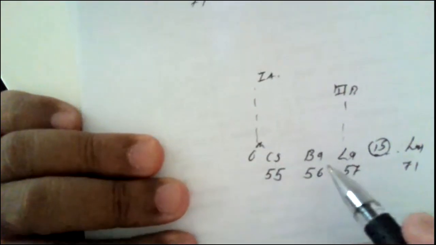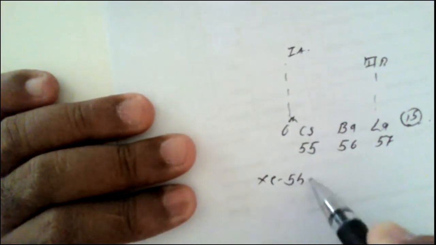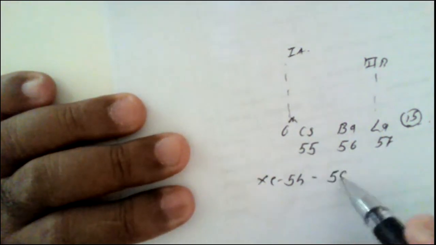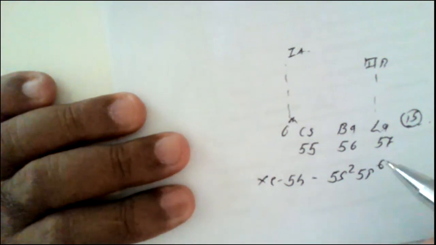So we have seen that the sixth period begins with cesium, atomic number 55. First of all, we have to arrive at the electronic configuration of cesium, for which we shall first see the electronic configuration of xenon, having atomic number 54. Xenon has the outermost electronic configuration 5s2 5p6.